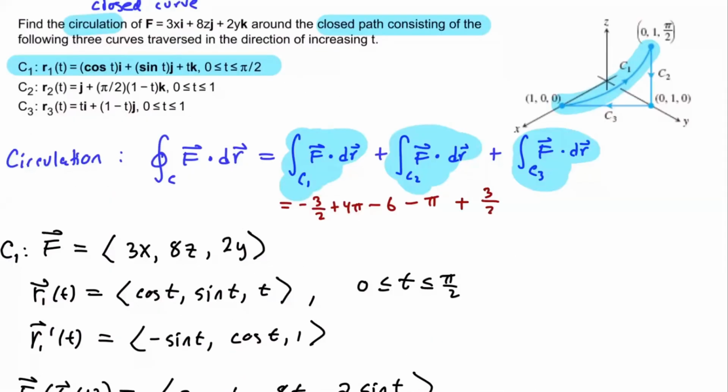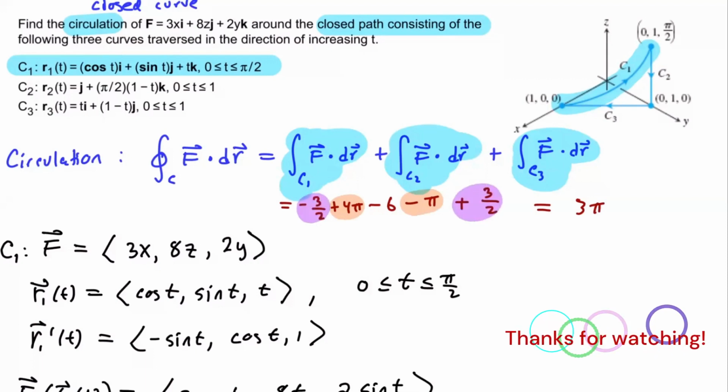Now if you sum these up, you have 4 pi and a negative pi, that's going to be positive 3 pi. And then negative 3 over 2 and 3 over 2 cancel each other, minus 6. So our circulation around this closed path is going to be 3 pi minus 6.